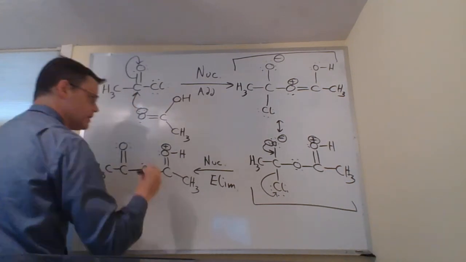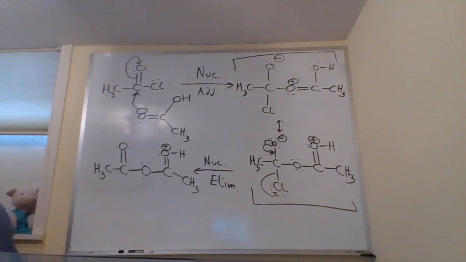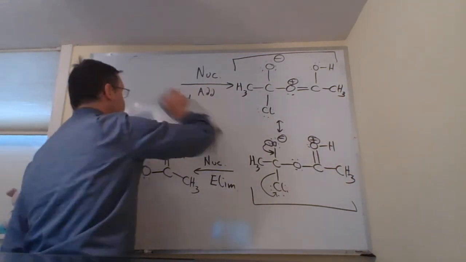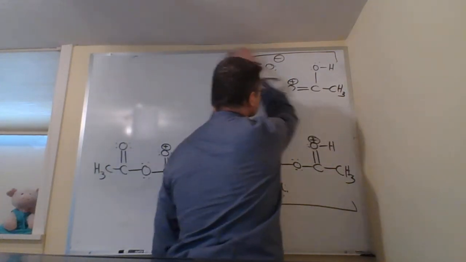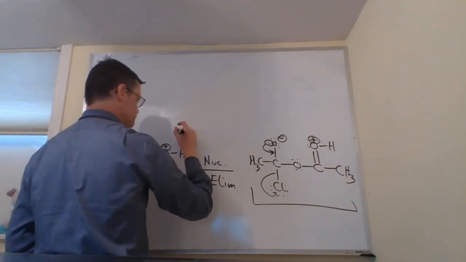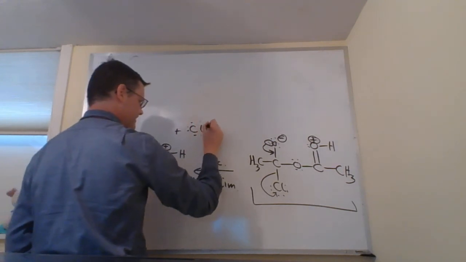So we eliminated, plus a chloride ion, which I'm going to erase to show. I'm going to erase all this. Okay. Plus we have our chloride ion. And I need that chloride ion now.